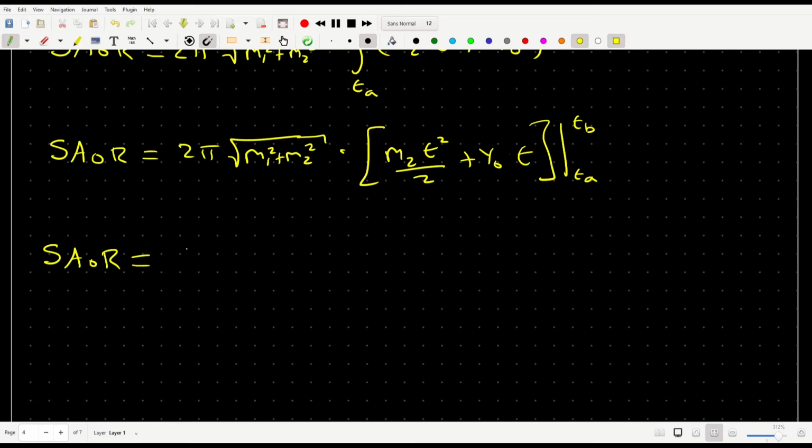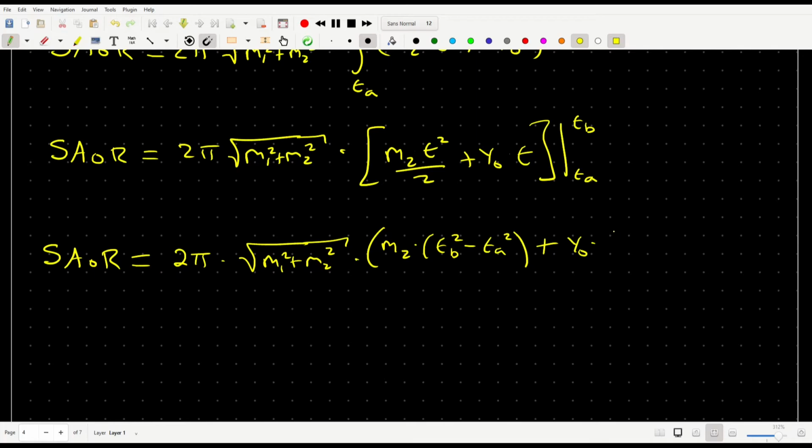So we have that this is going to be 2 pi times the square root of m1 squared plus m2 squared times m2 times t_b squared minus t_a squared plus y naught times t_b minus t_a, which admittedly looks a little bit complicated.